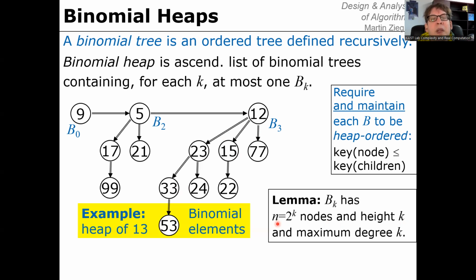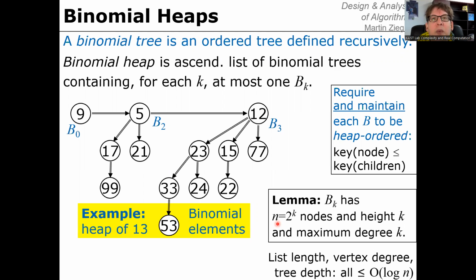And furthermore, we observe that the binary expansion of n has at most log n non-zero digits, and therefore a binomial heap of n elements has at most log n different binomial trees.